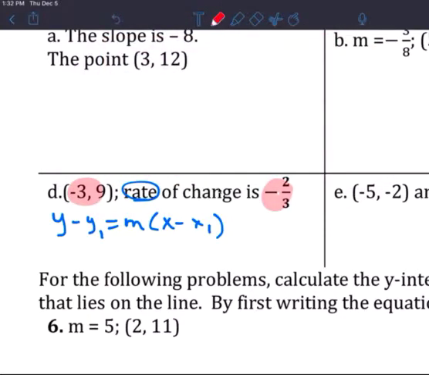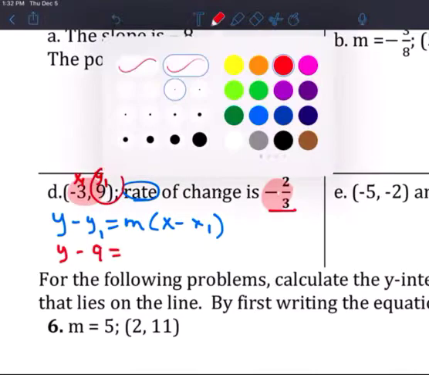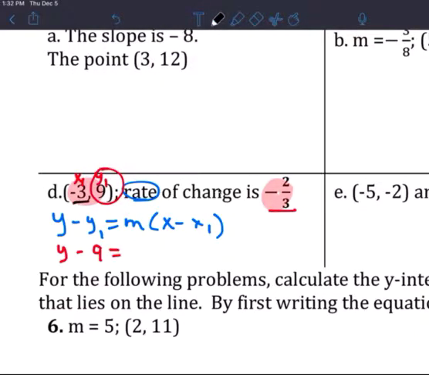It's a point x sub 1, y sub 1, and the slope. That's why it's called the point slope formula. So you do y minus y1, which is 9, equals m. M is negative 2 over 3, and then parentheses x minus x sub 1, which is this negative 1 here.